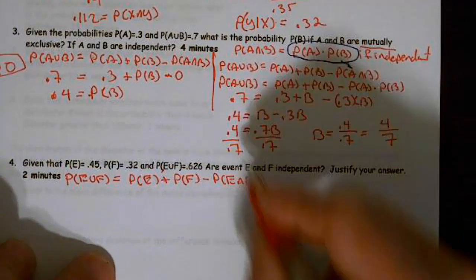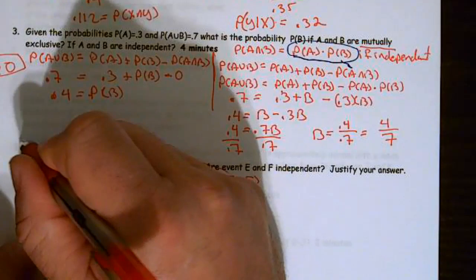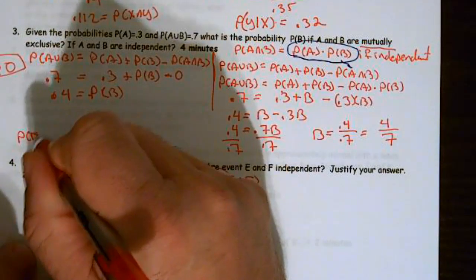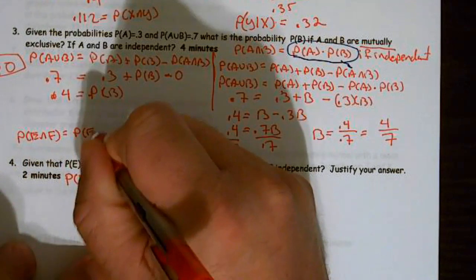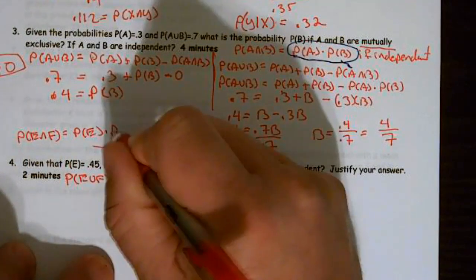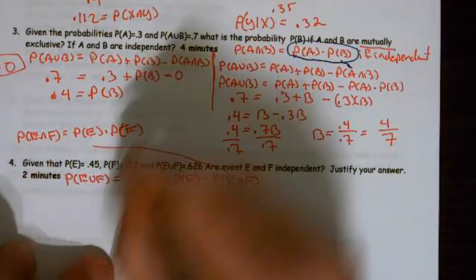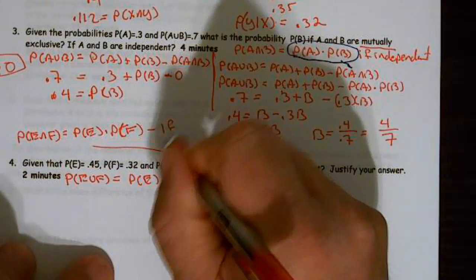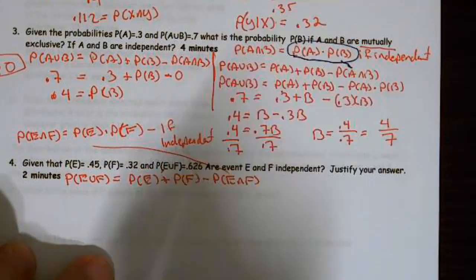But if they're independent, then once again, the probability of E and F equals the probability of E times the probability of F. Once again, that's true only if they're independent.